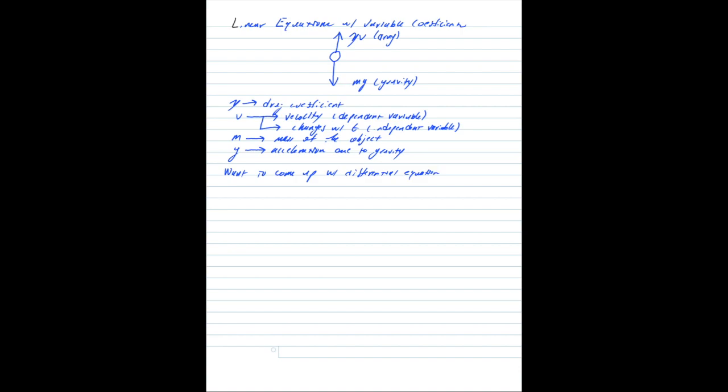Okay, and again, we know we want to come up with a differential equation to describe the motion of the object. So from Newton's second law, we know that F equals m times a, or mass times acceleration. And we know that we can rewrite acceleration as dv/dt. So F equals m times dv/dt.